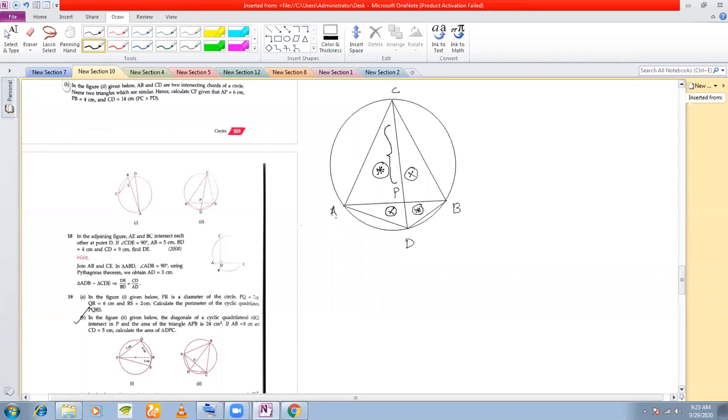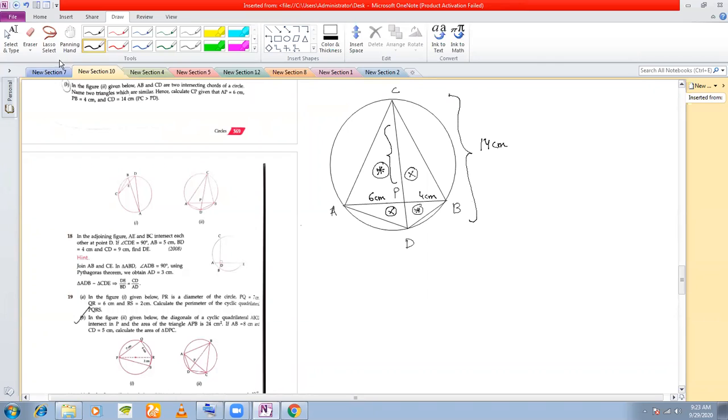Given that AP is equal to 6 centimeter, PB is 4 centimeters, and CD, this entire length here, is given to be 14 centimeters.